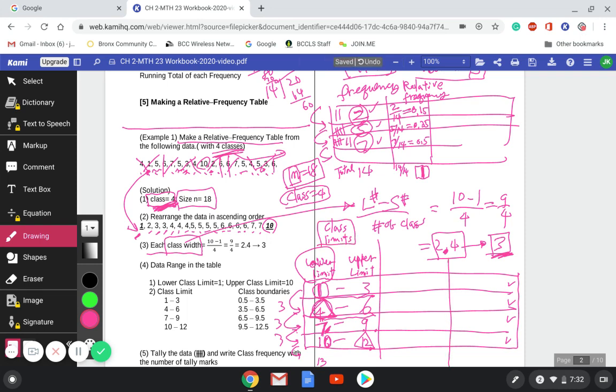Now, next one is boundaries, the class boundaries. The class boundary is from the low class limit and upper class limit.